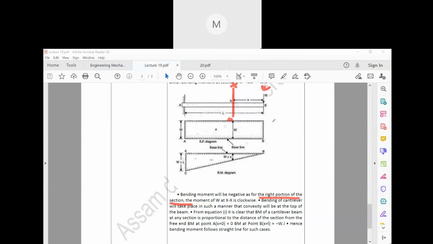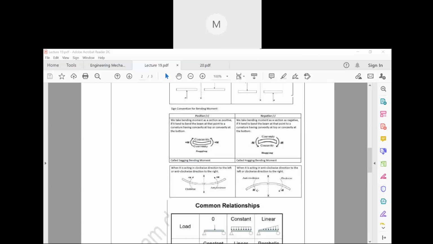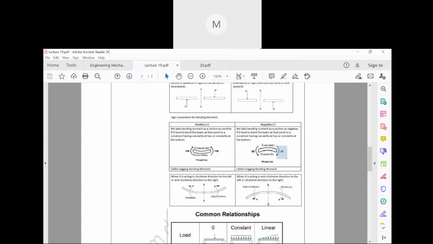If you see this part, the section is considered here. Now the load is here, so it is coming down because of this load. What will happen? Suppose this is the beam, so it will be bending like this.